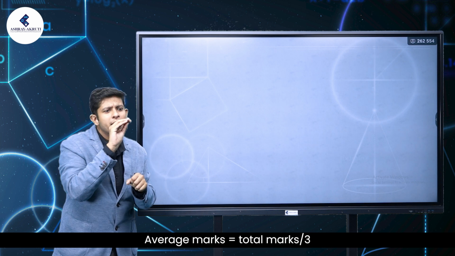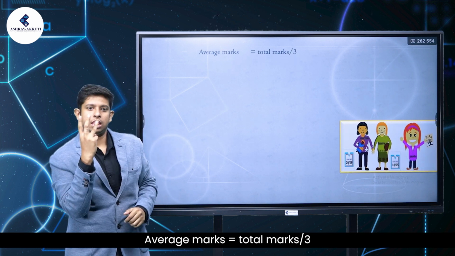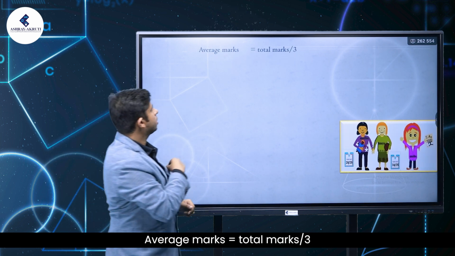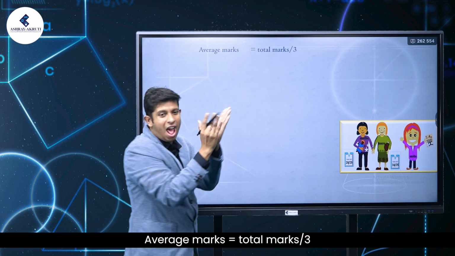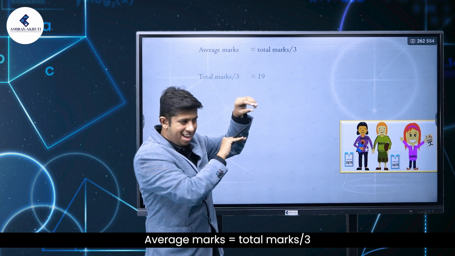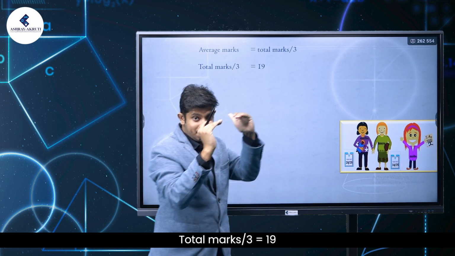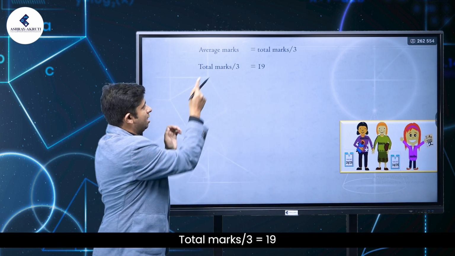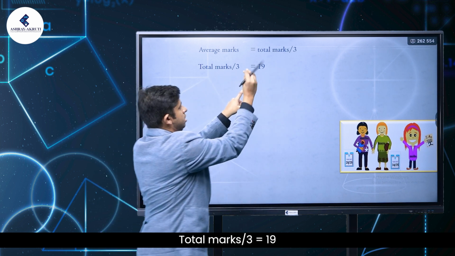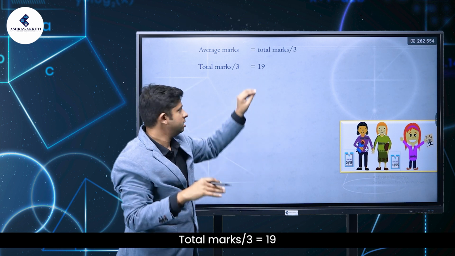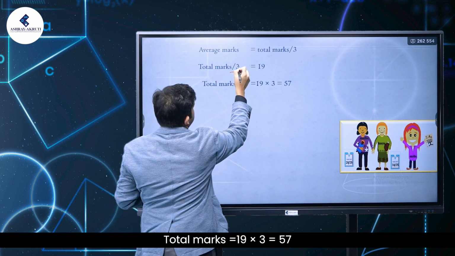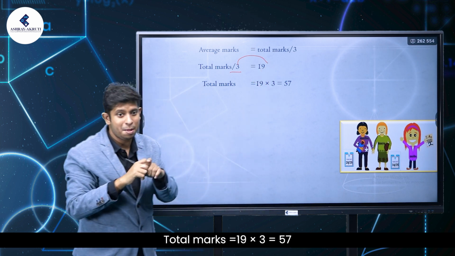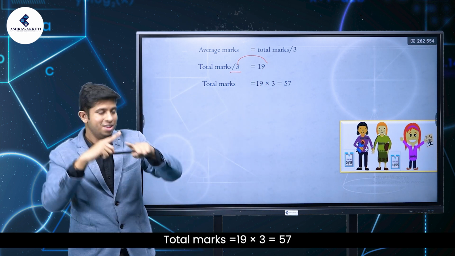Average marks equals total marks by 3. Total marks by 3 equals 19. Total marks equals 19 into 3 equals 57.